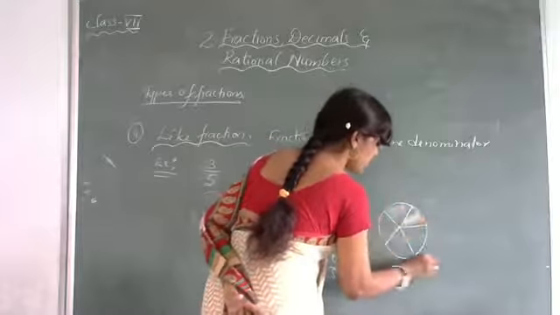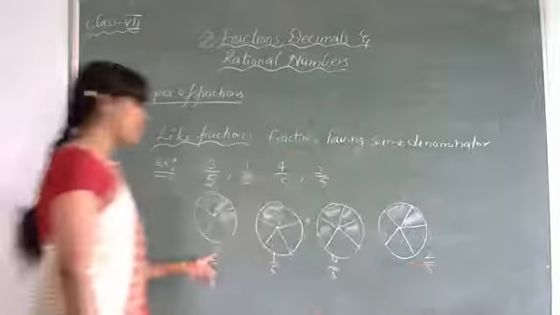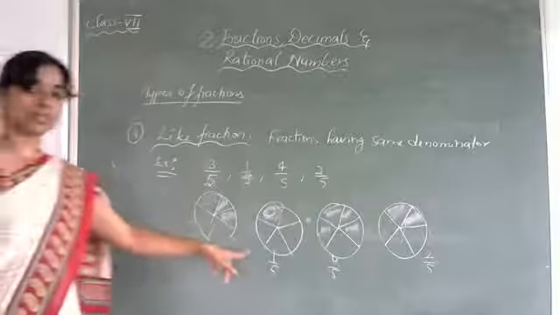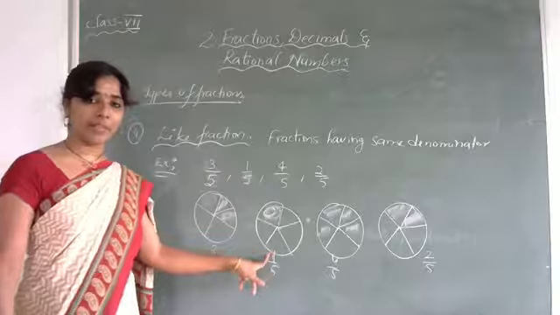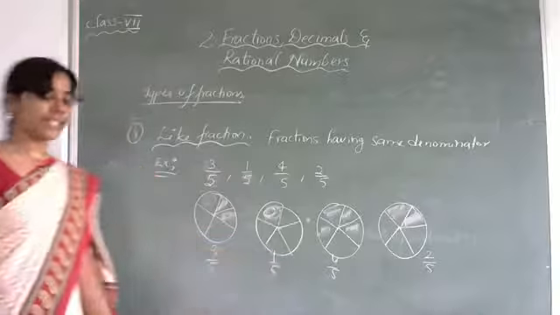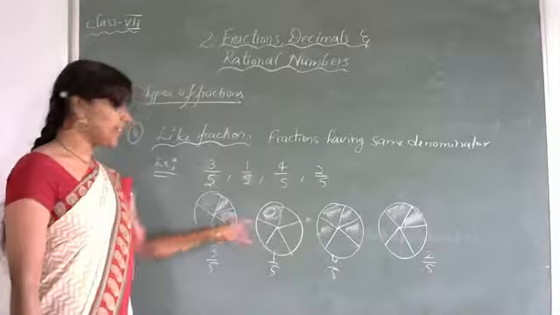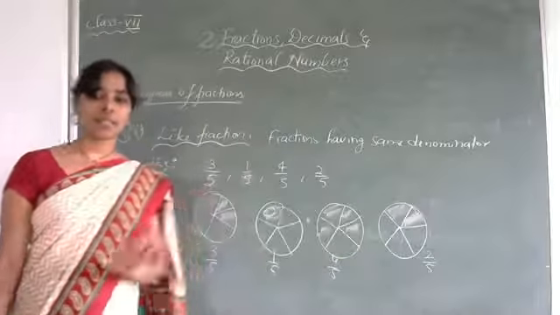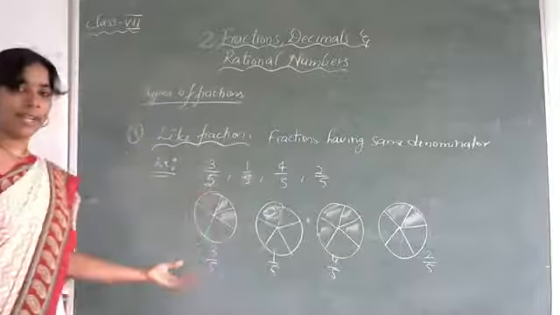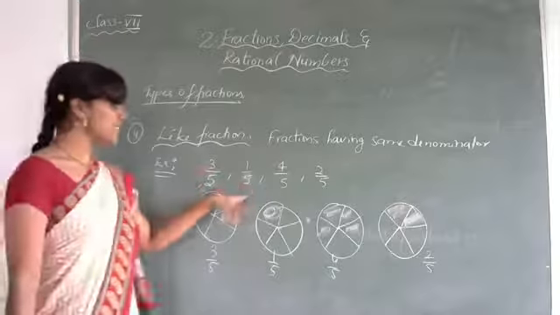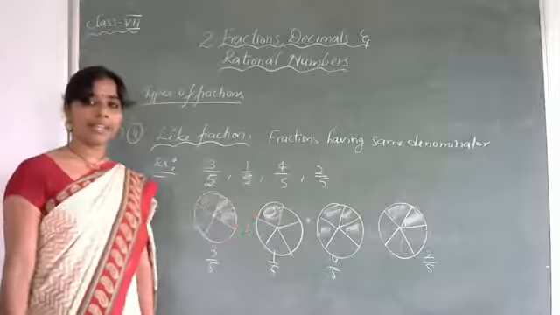This is 2 by 5. So the representation of like fractions in picture form we have also written. Here all are the same circles but with different numerators, different parts shaded. So fractions having the same denominator are called like fractions.